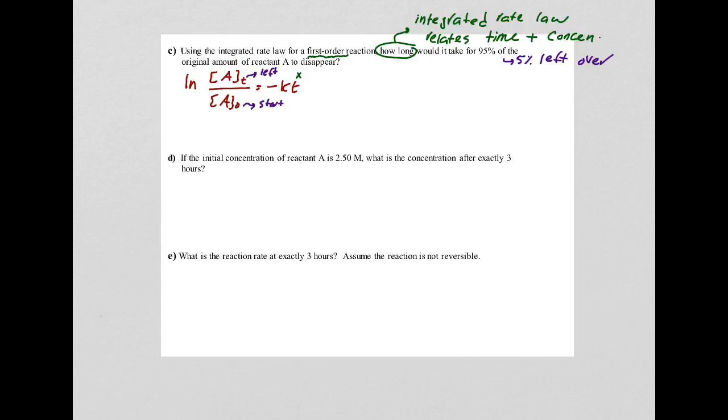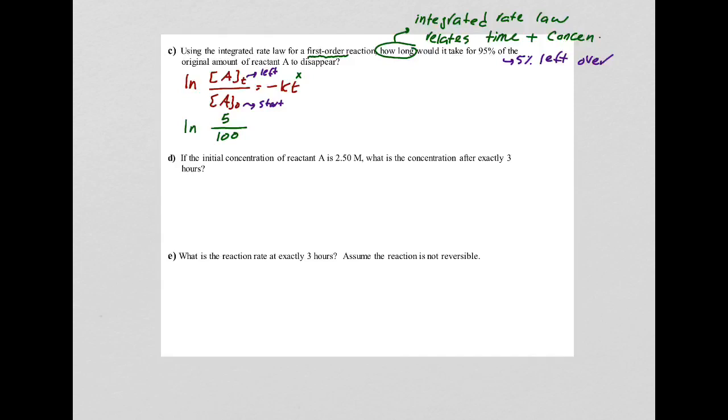Shall we do this? Yeah, let's just make up numbers here. So I have ln. I know 5% is going to be left over. So I can say I start with 100 gram and I end with 5 gram. That would be 95% disappearing, right?